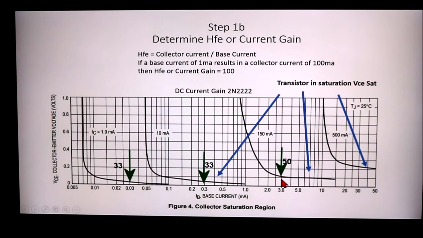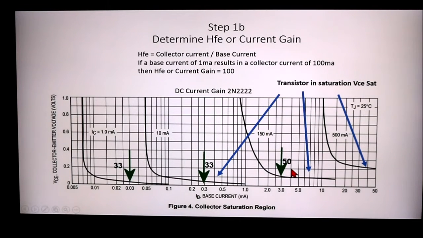So this says that if we put in 3 milliamps of base current, we will get along this curve 150 milliamps of collector current. So if we put in 3 here, and we get the 150, the ratio, 150 divided by 3, is 50.